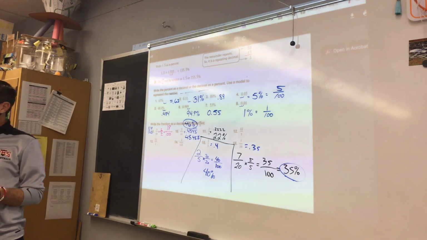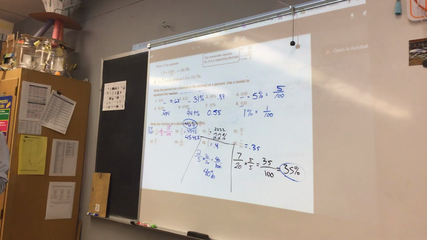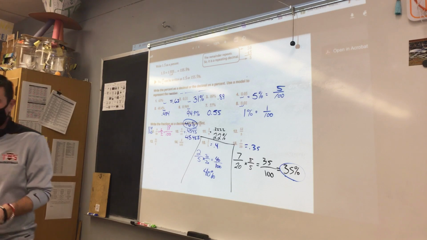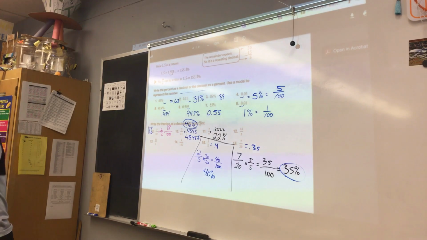So it's on the back, I think, that first page. On the back of that note page. 6.1 practice A. Or do you have extra practice? Yours is extra practice? Okay. So only the even numbers? Or all of them? Let me look at that again.